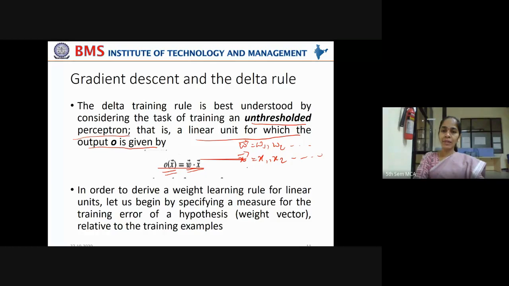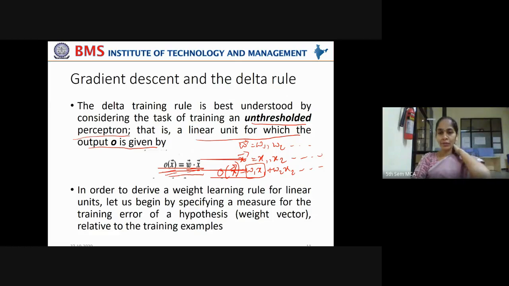Now, what is the dot product between them? W1x1 plus W2x2 and so on, right? This is your output, which is a combination of elements. Each element is the product of the weight and its associated input, or better say input and its associated weight, right? This is how we represent the output.